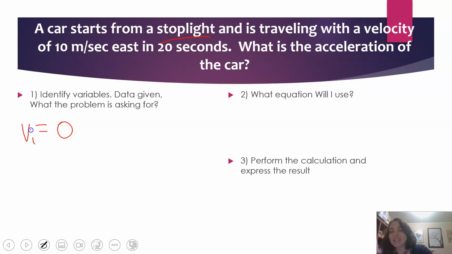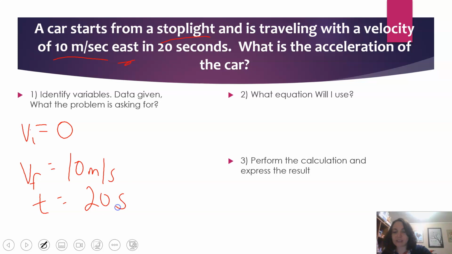This is our initial velocity because that's where we started. And then eventually it gets up to 10 meters per second. So that's our final velocity that we're considering here. And that would be east. We can add that on at the end, okay? And our time, 20 seconds.